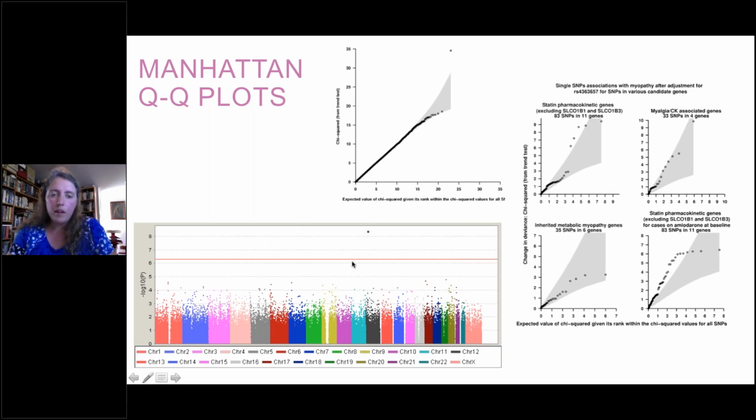This same data is presented here in a QQ plot without the chromosome information. So this is ranking the p-values generated, as shown here, and saying, well, look, if we were doing 300,000 tests, how many times would we expect to get a p-value of this level?